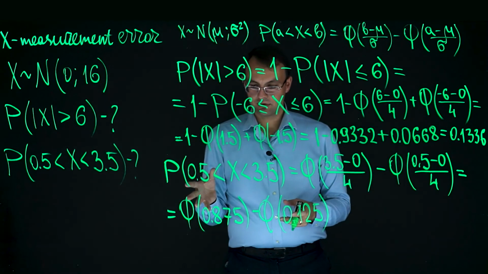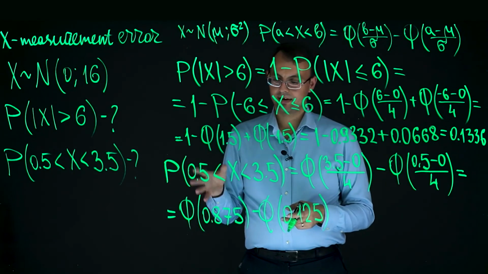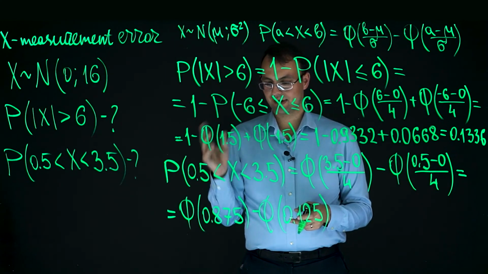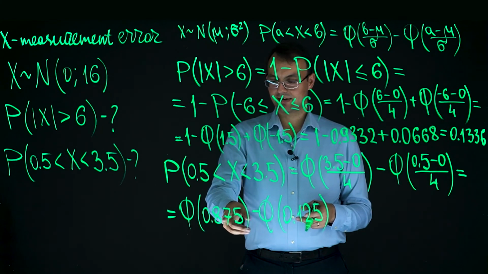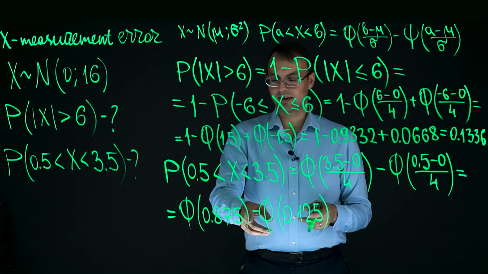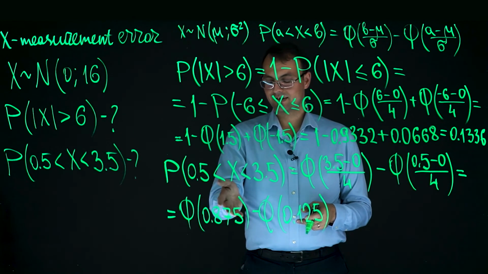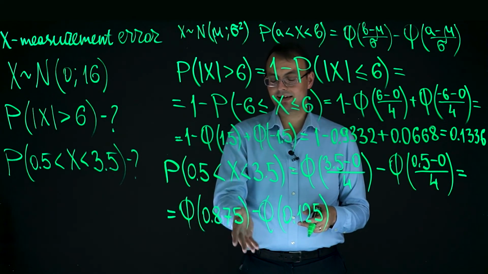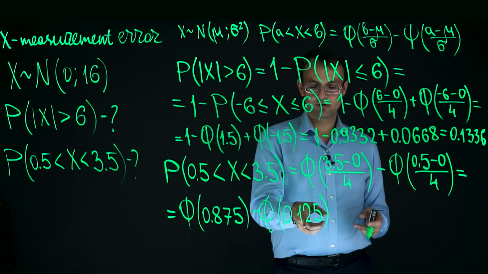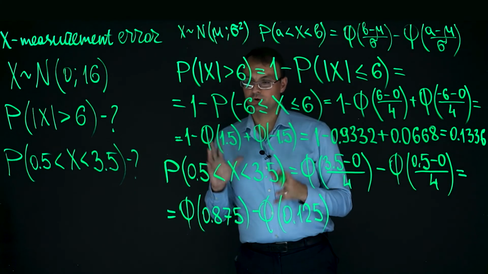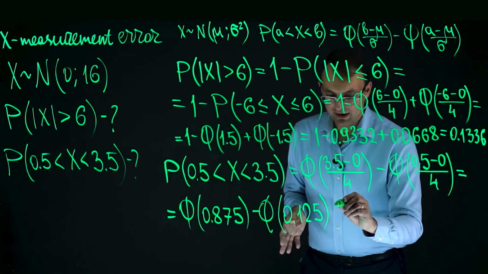So now, if I look at the table of the values of the phi function, I will see that there are no such values as 0.875 there, so only 0.87 and 0.88. And for this also only 0.12 and 0.13. So what should I do in such a situation?